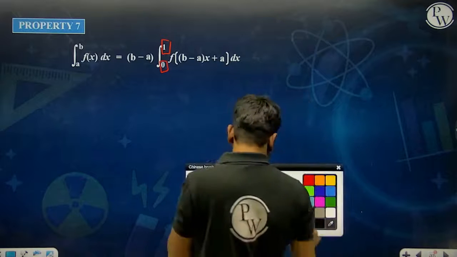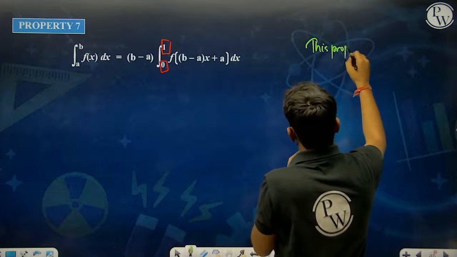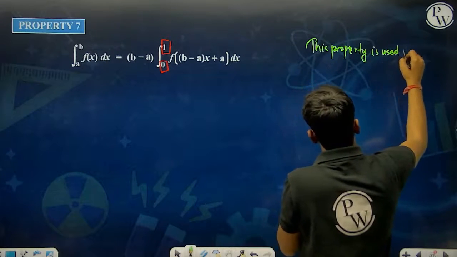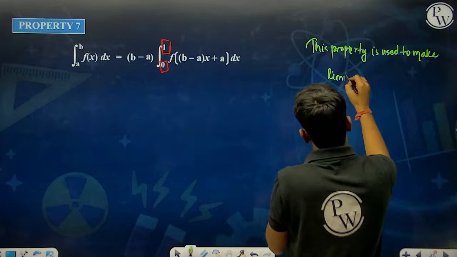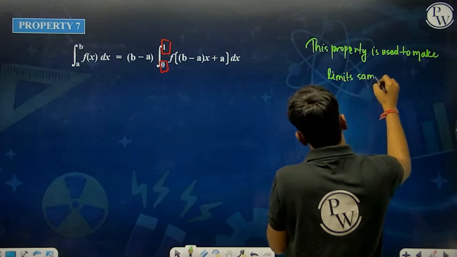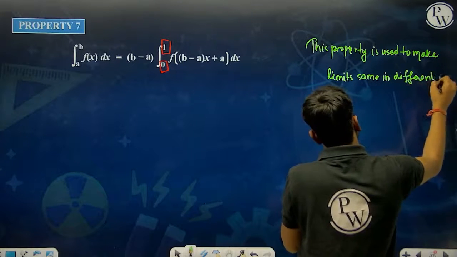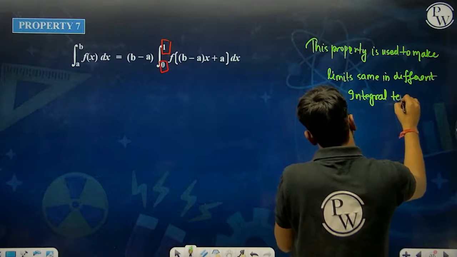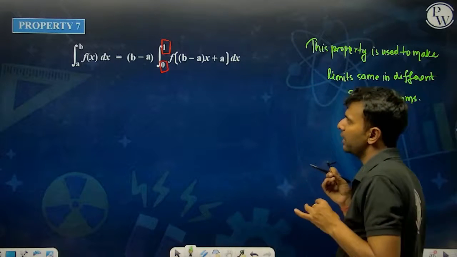Okay, this property is used to make limits same in different integral terms. So this property is used in those particular cases.